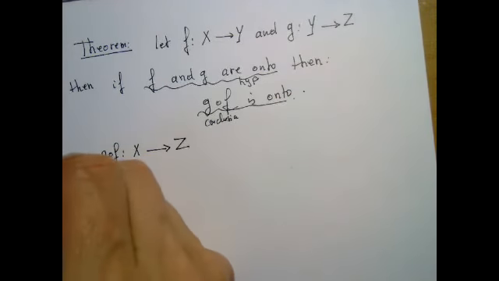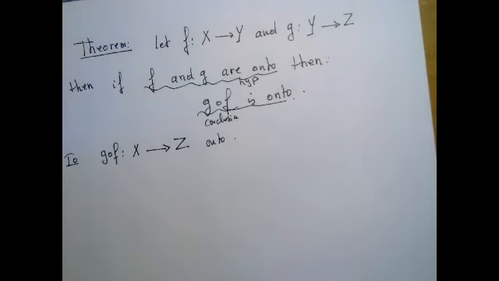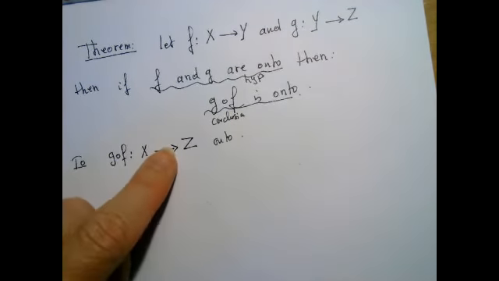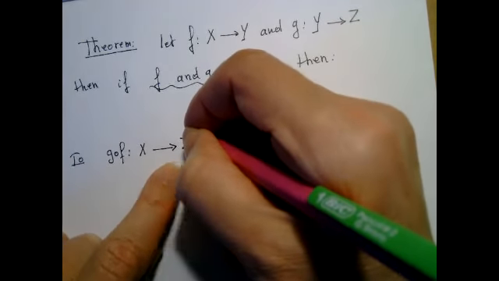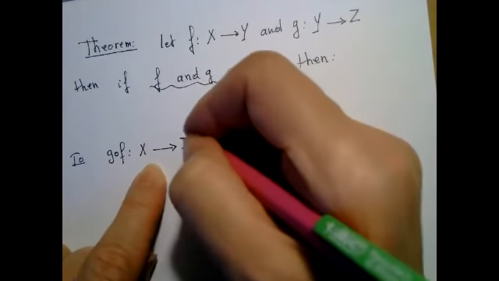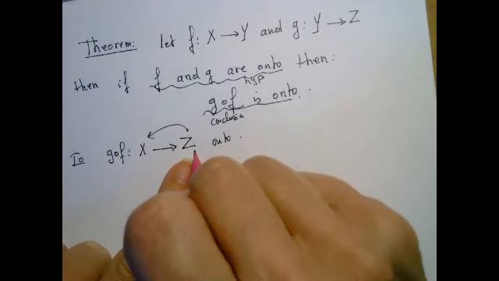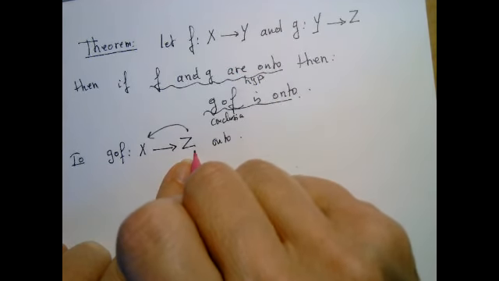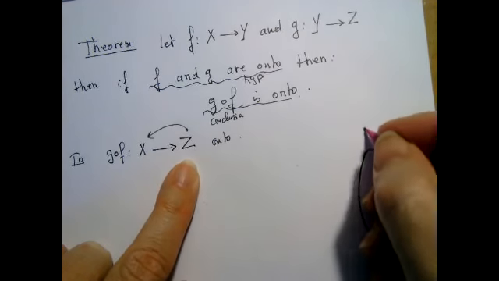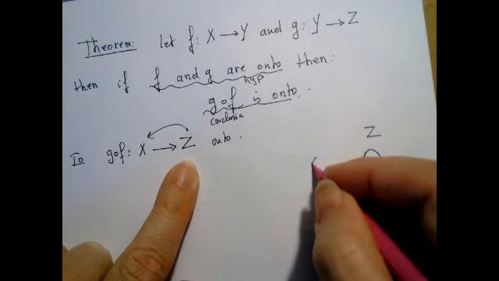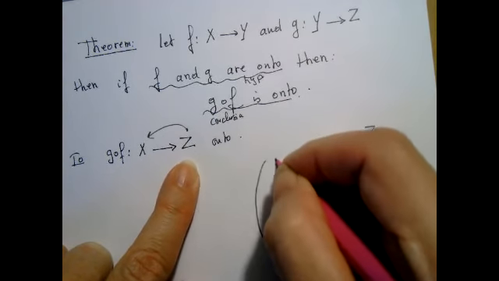Okay, to show this is onto. What does it mean to show it is onto? It means, again, we're moving backward. I'm going to start with any element in here, and you have to find me the element in X which is mapped into it. Okay, so this is my Z. And since I want the composition, I'm going to draw all three.